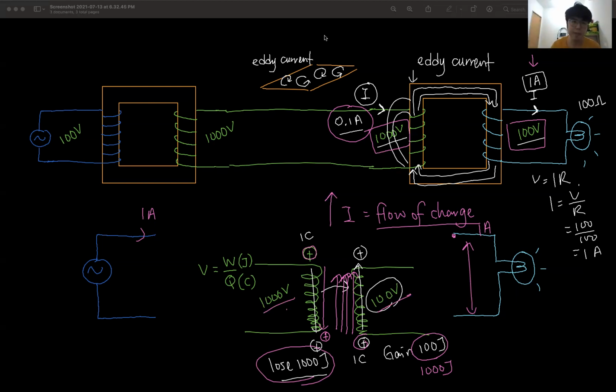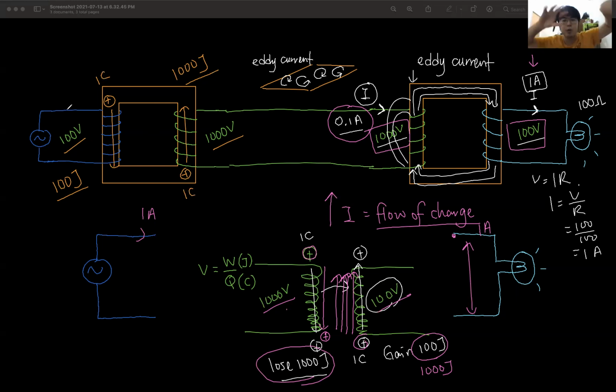On the other side, it's the same thing; you flip the whole thing. Here it was originally 100 volt, right? You step up to 1000 volt. What does 100 volt mean? Each coulomb of charge that flows down here gives 100 joule. The charge on the other side flows up and collects how much? 1000 volt, right? It collects 1000 joule. This one only gives 100 and this one collects 1000, meaning you need 10 charges to flow on the left side for the coulomb on the right side to make one complete flow.